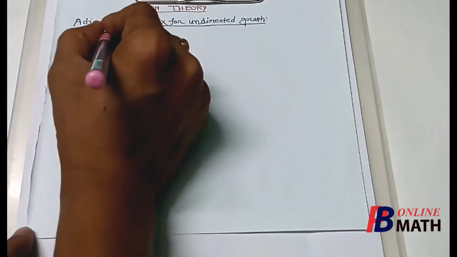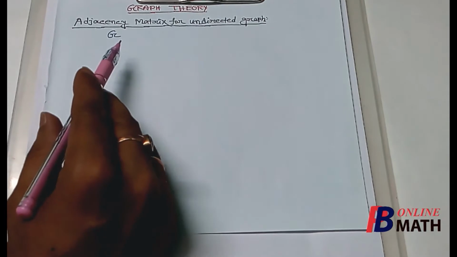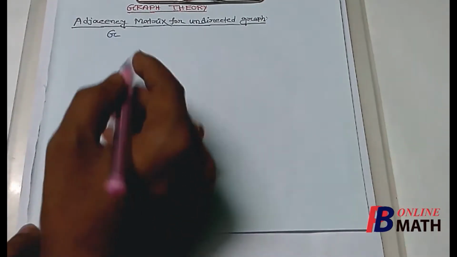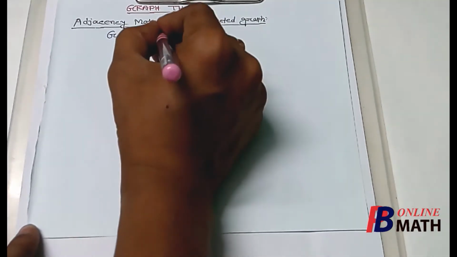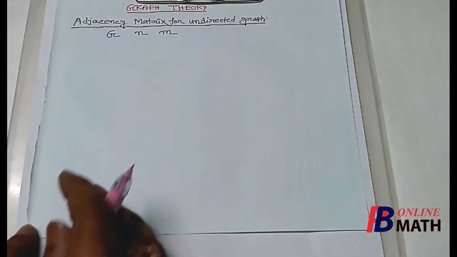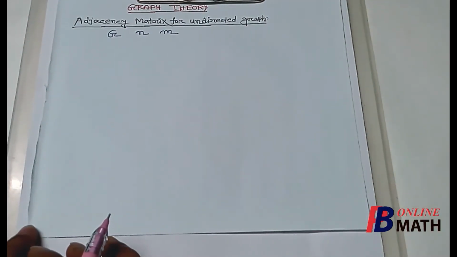So suppose G be a non-directed graph or undirected graph where the edges are non-directed, and we assume that the graph has n number of vertices and m number of edges. The graph may or may not contain parallel edges or loop.